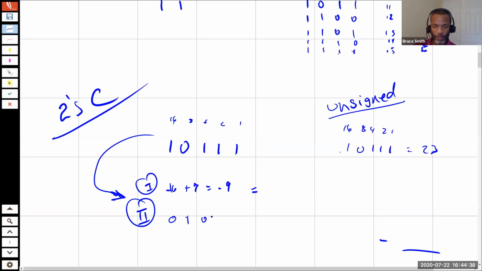So flip all of the bits, add 1, and we're just getting the magnitude. We've already determined that it's negative. And then you end up with the magnitude here being a 9.